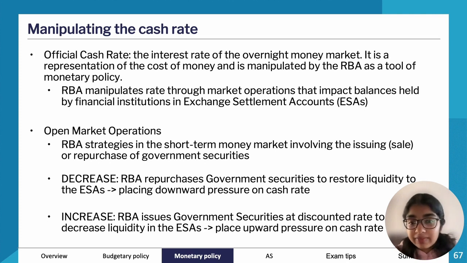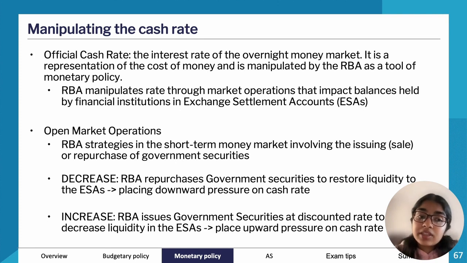When it buys the government securities, it's giving money to those banks, and that increases the liquidity in the exchange settlement accounts. So the financial institutions now have more money to lend to people. So there's downward pressure on the cash rate, which lowers the cash rate, and then over time the banks usually pass on the lower cash rate to consumers.